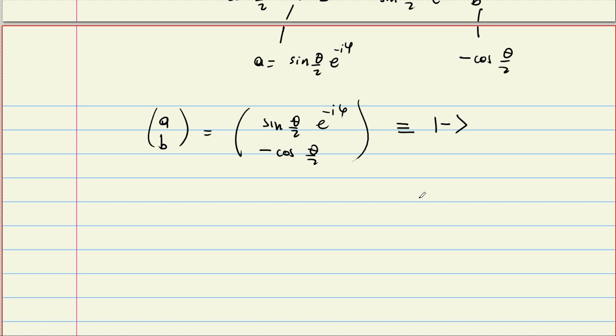Now, here the parameter space was hx and hy, but h is fixed. Now the new parameter space is the theta and phi parameter space. And we need to calculate the Berry connection, Berry curvature, and all those things. First, let's start with the Berry connection.